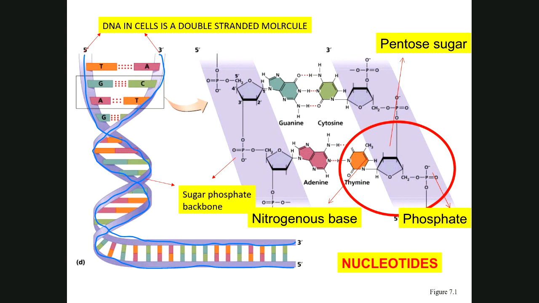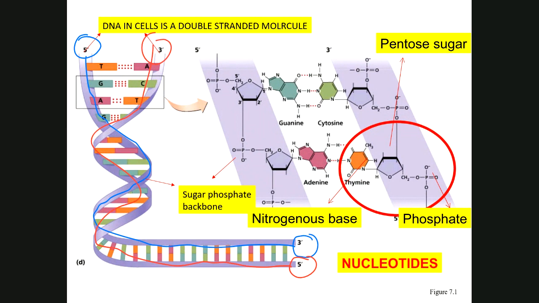Notice that if on one of these molecules the orientation is 5', meaning the last nucleotide carbon that is unattached is the 5' carbon, and that same molecule at the other end will be a 3'. The other DNA molecule is going to be opposite. It's going to have 3' at one end, and at the opposite end will be 5'.